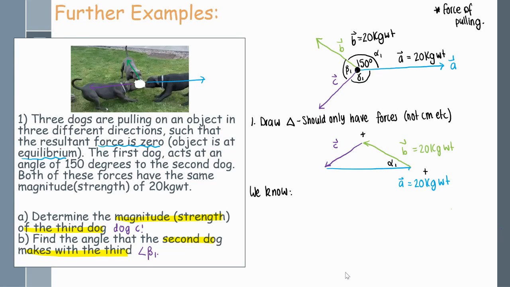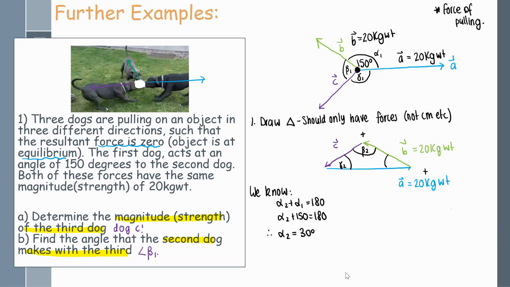Let alpha 2 be the corresponding angle between A and B in my triangle, the same with the other angles. Make sure the angles in your triangle correspond to their location in the original diagram. So beta 2 will be between vector B and C, and gamma 2 should be between vector A and C in the triangle.